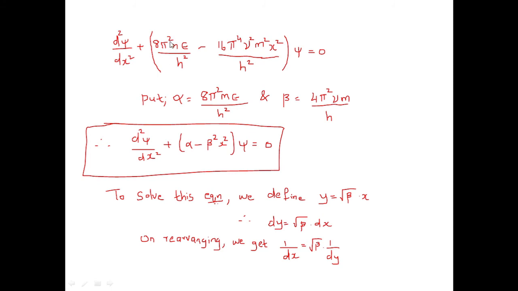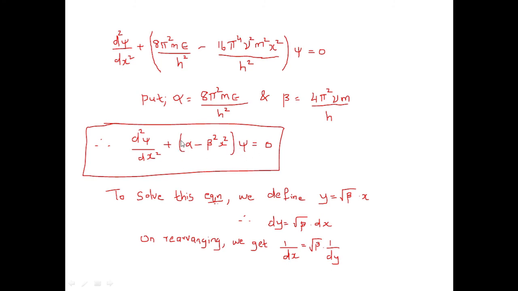So instead of these two terms in the bracket, we have defined alpha and beta and we are substituting them. Therefore, we will get d square psi by dx square plus (alpha minus beta squared x squared) of psi is equal to 0.